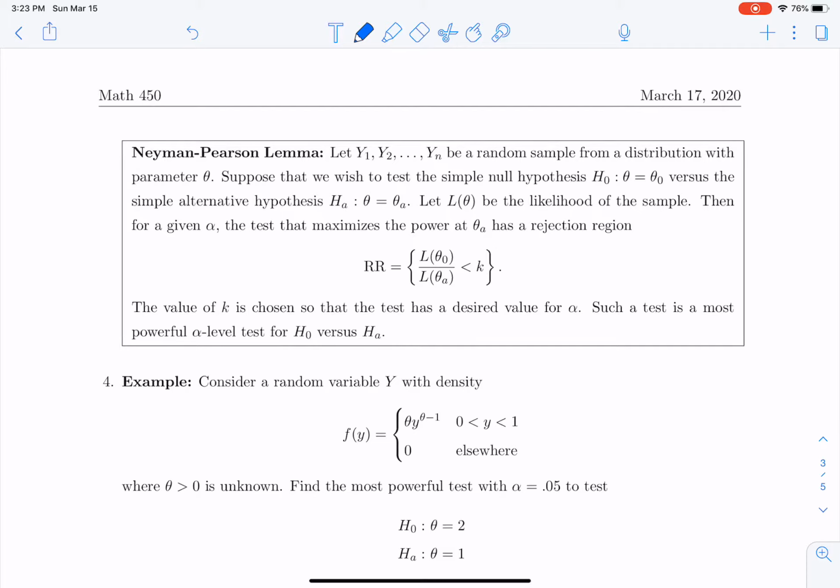And such a test is a most powerful alpha level test for H0 versus HA. So this lemma gives us a form of a rejection region that's going to help us find the most powerful test for H0 versus HA given a specific alpha. So let's move on to an example.